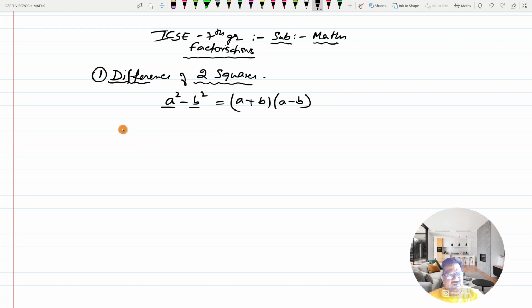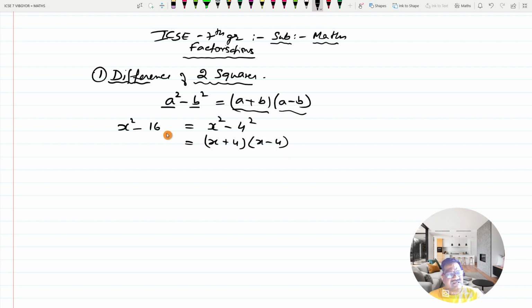Suppose you want to factorize x square minus 16. All you have to do is let this be x square, and this 16 you can write as 4 square. Now this tells me that this is of the form a square minus b square, and it can be written in this form. So this can be written as x plus 4 times x minus 4. Done, the factorization is over.